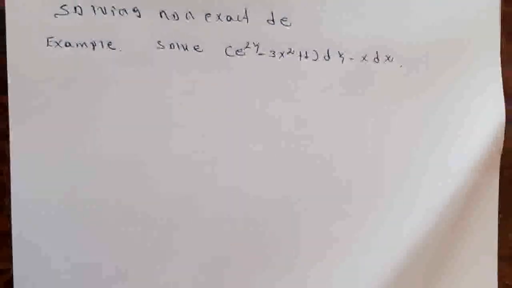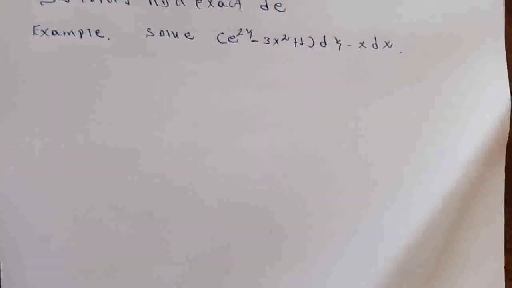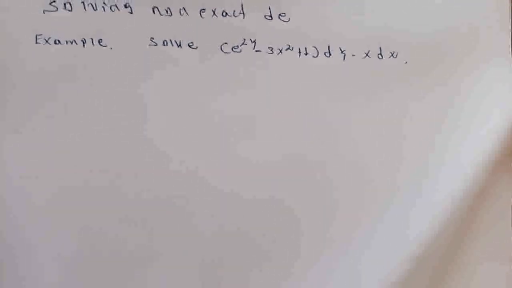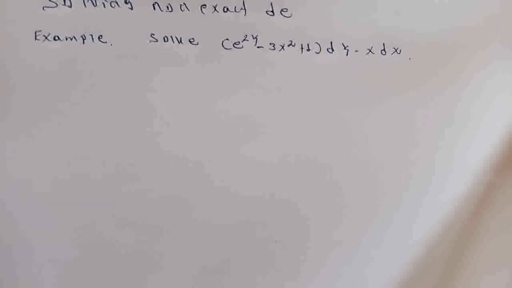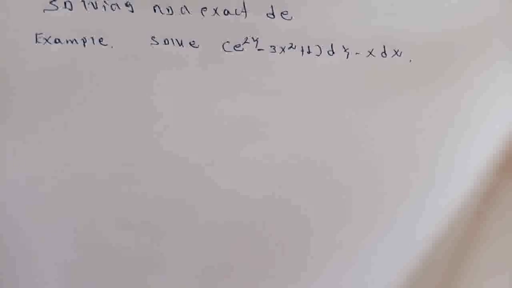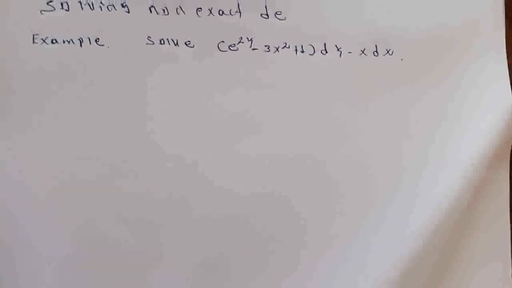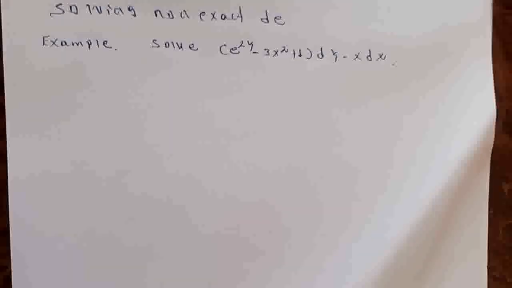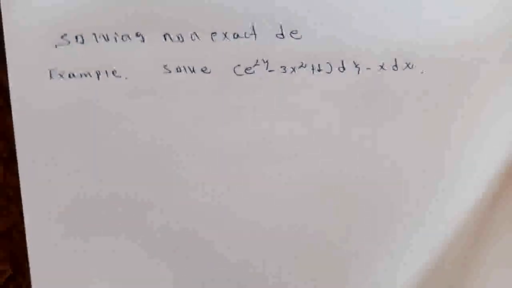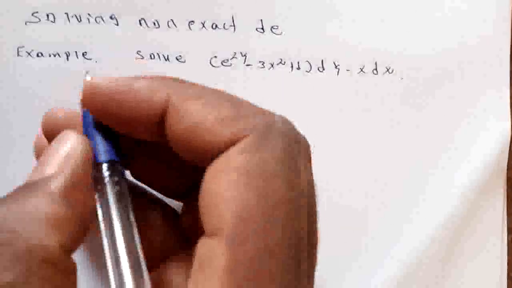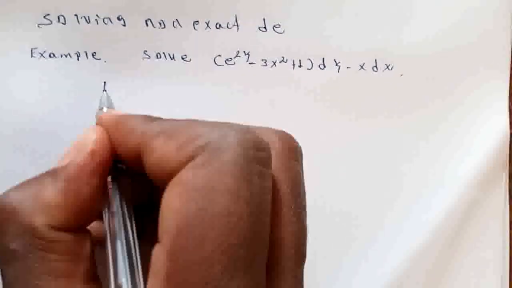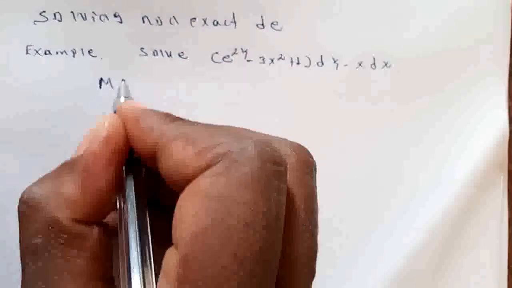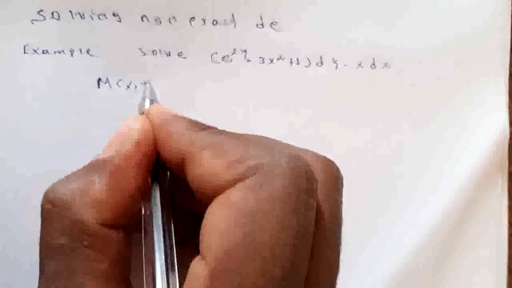Look here, we have an equation which can be expressed in the form of e to the power of y, e raised to 2y minus 3x squared plus 1 dy minus x dx. So as usual, let us try to split this one, which means let us find the M of xy.